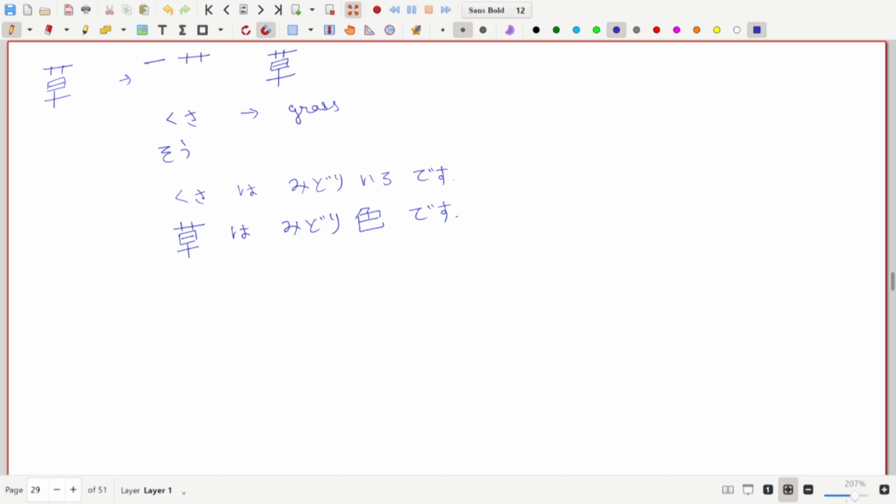Next kanji we'll do is the kanji of bakeru. Bakemasu. Another reading is ka. It means to transform.